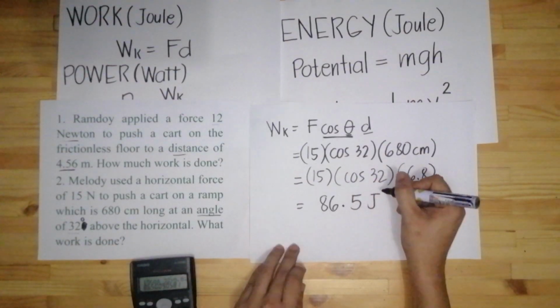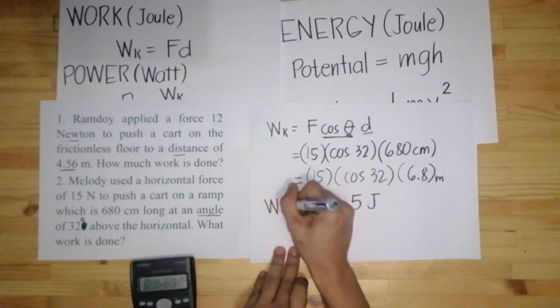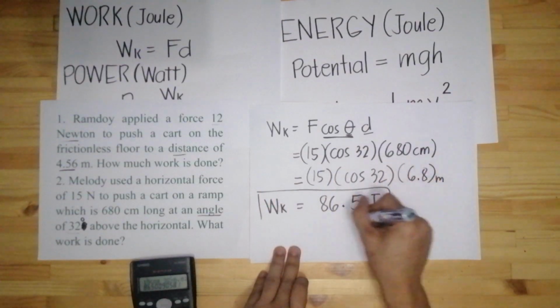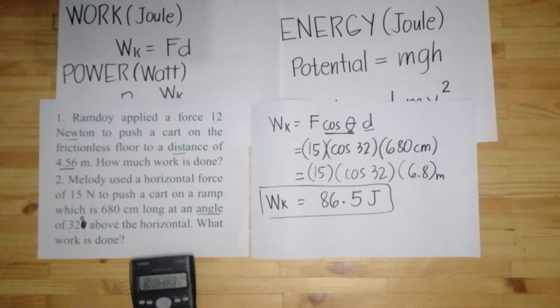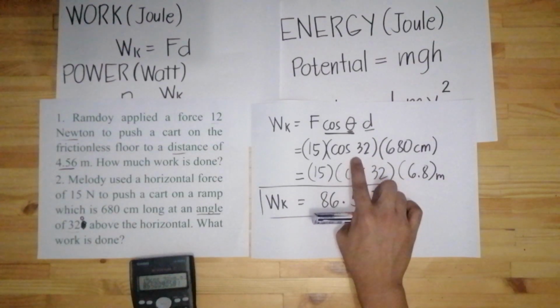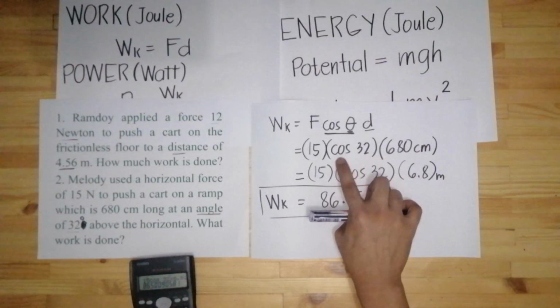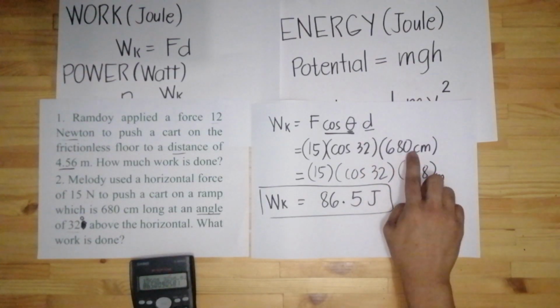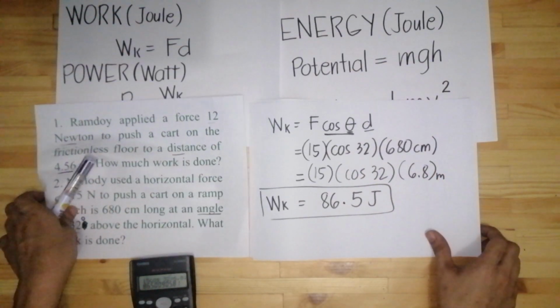So, joules na yan. That is the amount of work na meron sa number 2. Ang pagkakaiba lang merong degree. Kaya magdadagdag lang kayo. Mumultiply nyo lang ng cosine 32. It is always cosine na. So, ito, kinonvert ko lang sa meters. Let's have number 3.